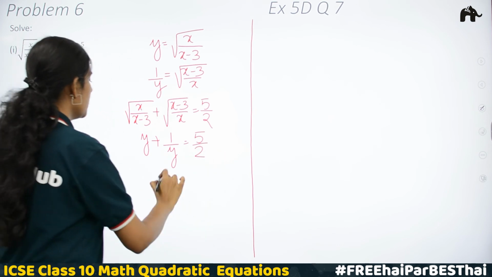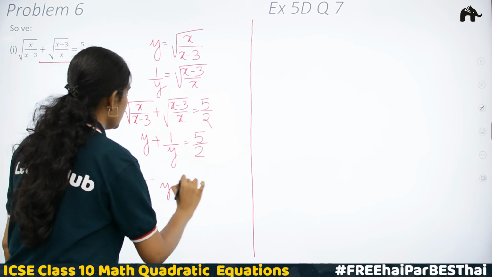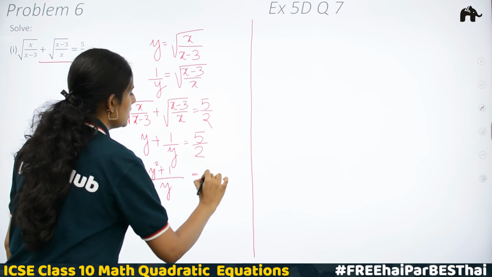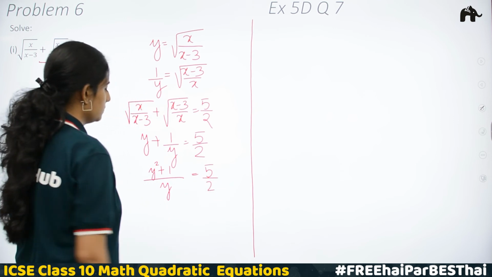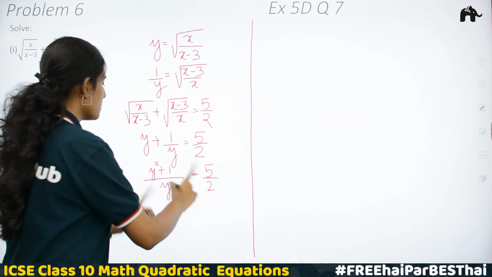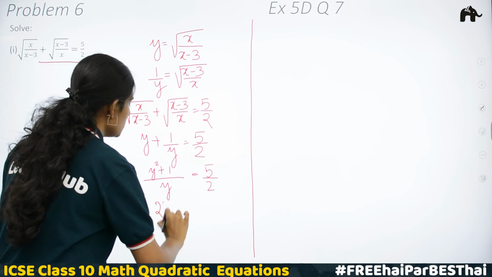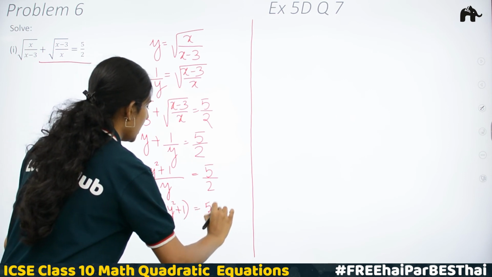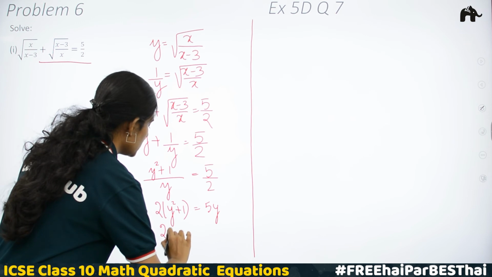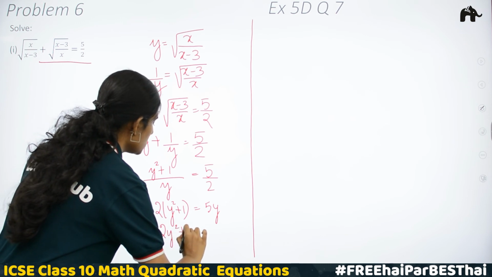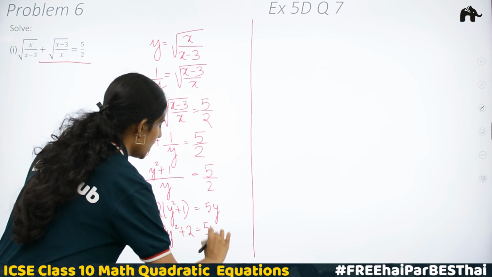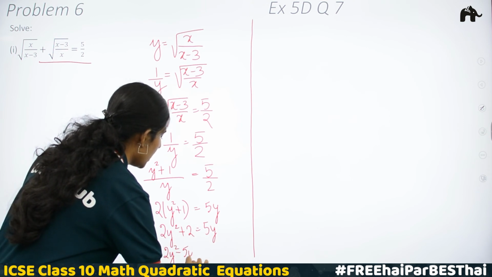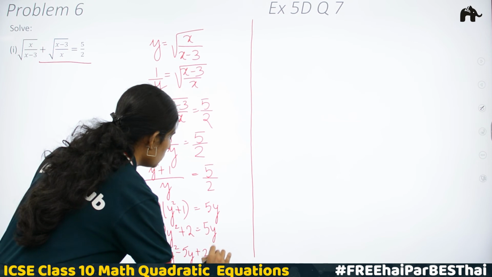Taking LCM, denominator you get y, numerator it is y square plus 1, is equal to 5 by 2. Okay, cross multiplying, 2 into y square plus 1 is equal to 5y. 2y square plus 2 is equal to 5y, or 2y square minus 5y plus 2 is equal to 0.